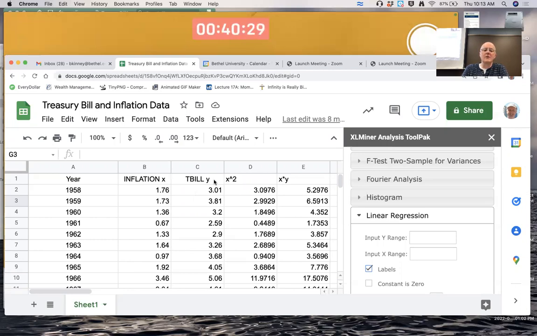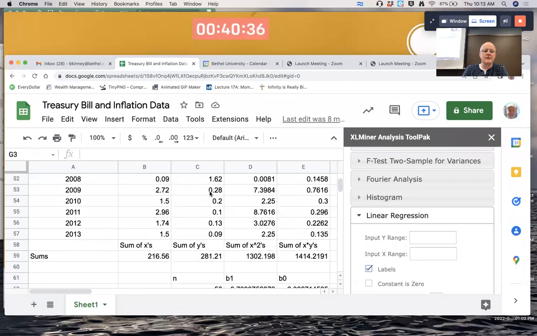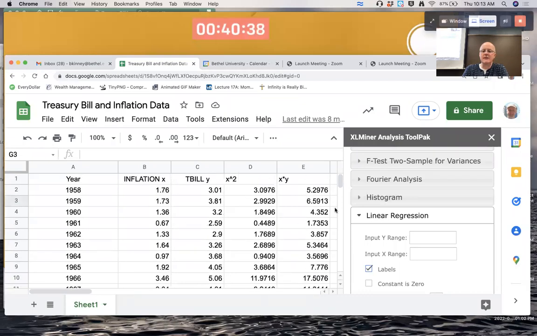The Y range goes C1 through C57. You can click there and highlight that column. You could also just type C1 through C57. And the X range is B1 through B57.